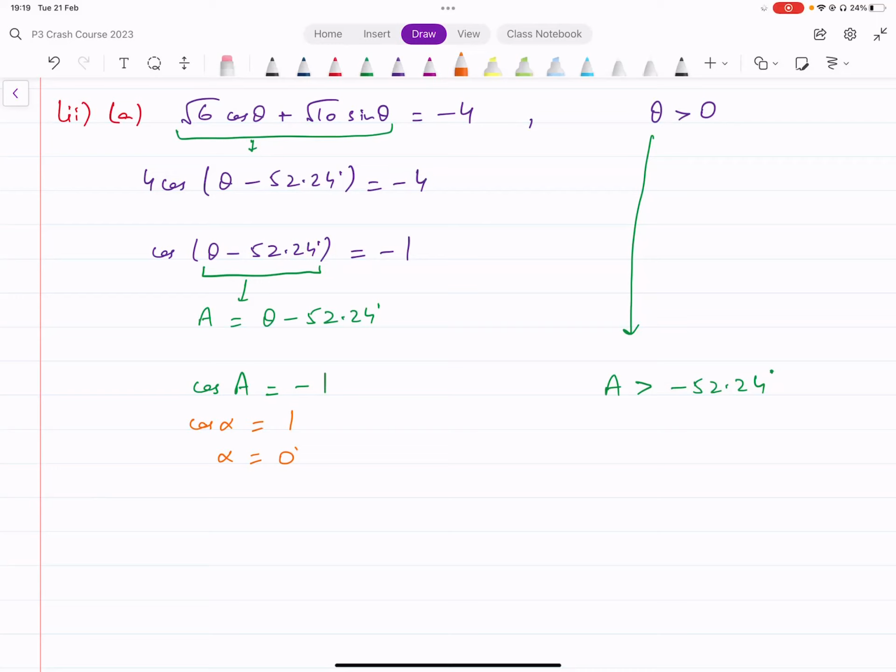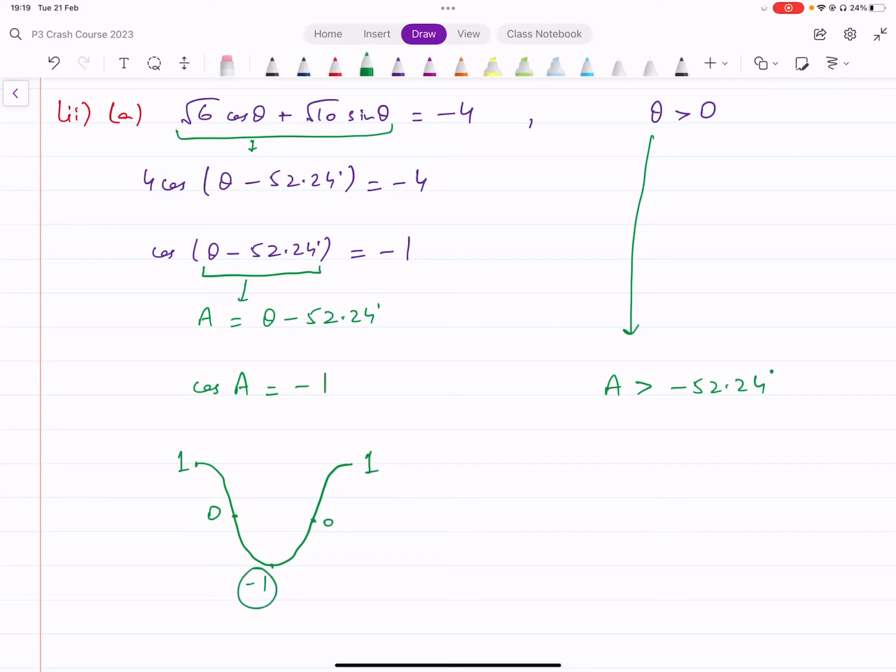You can use the graph of the cos function. Remember what it looks like? This is the shape of the graph. It starts from 1, then reaches 0, then minus 1, and then comes back to 0, and then 1 again.